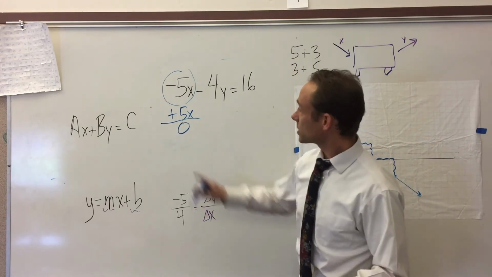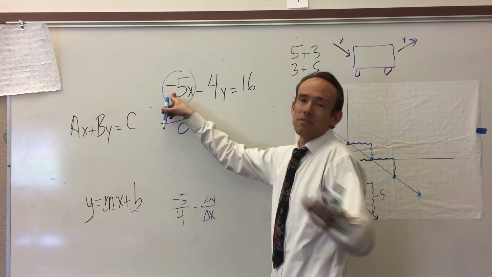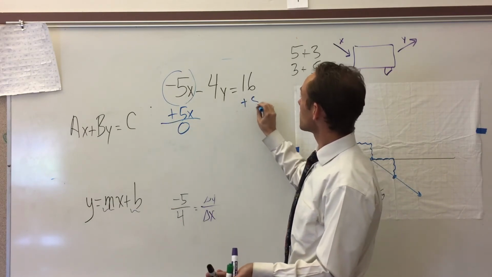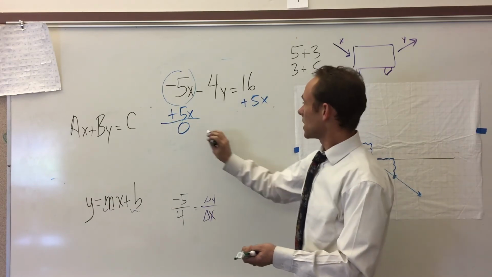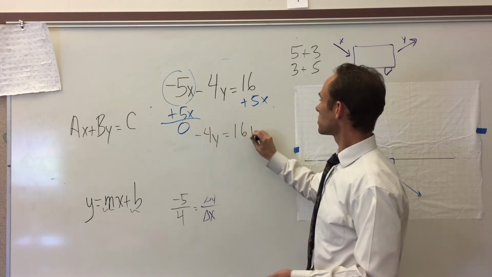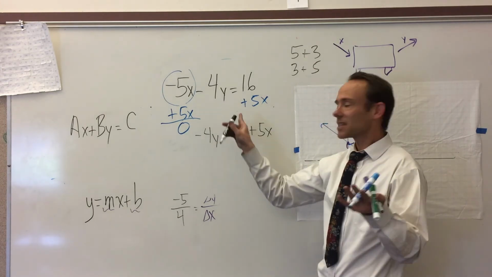All right, so you can add 5x because this is taking away 5 x's, right? 5 negative x's. So if you add 5 positive x's, you get to 0. Now you got to do that to both sides. So now we get minus 4y is equal to 16 plus 5x. Right, I'm just redoing what I just did, but a slightly different way.